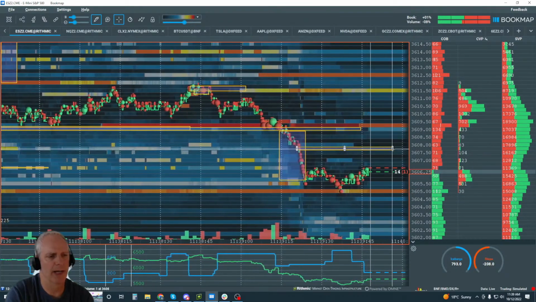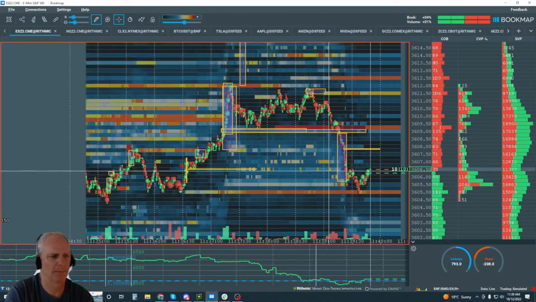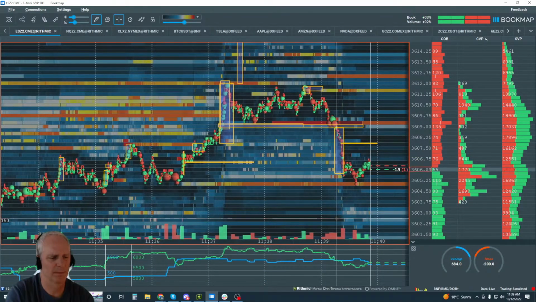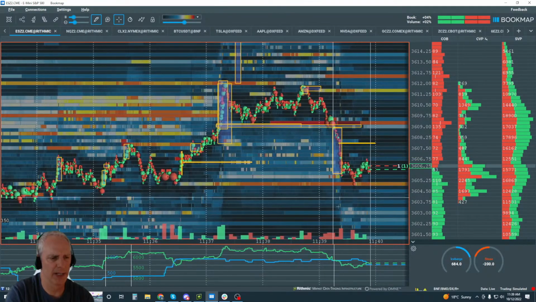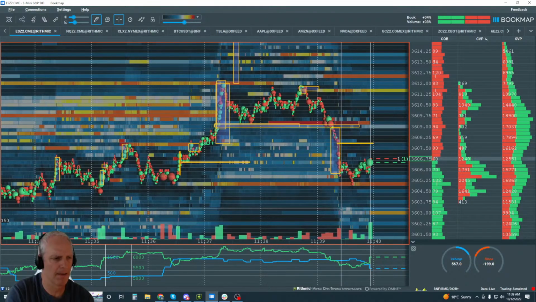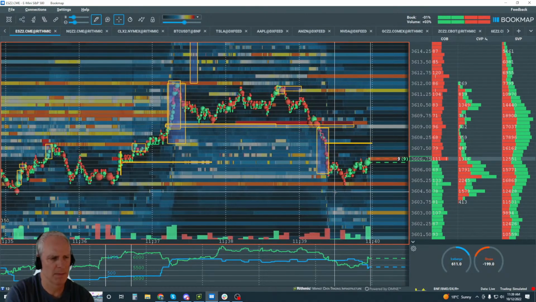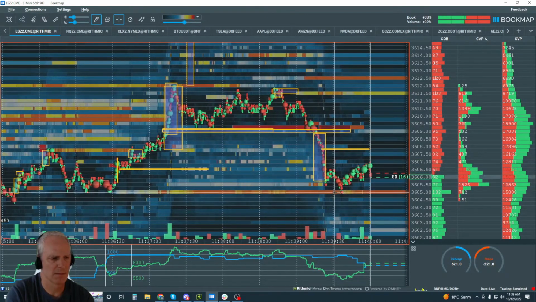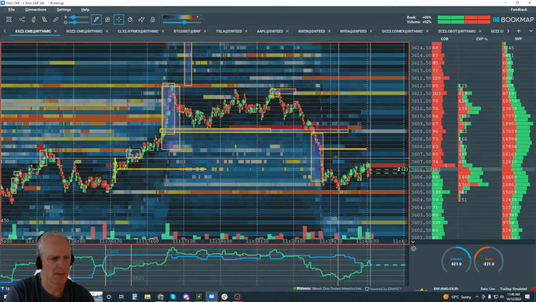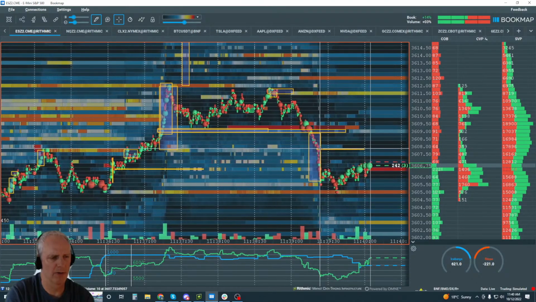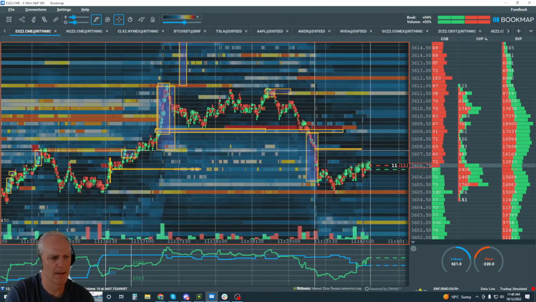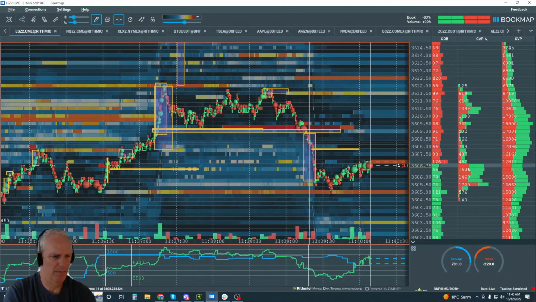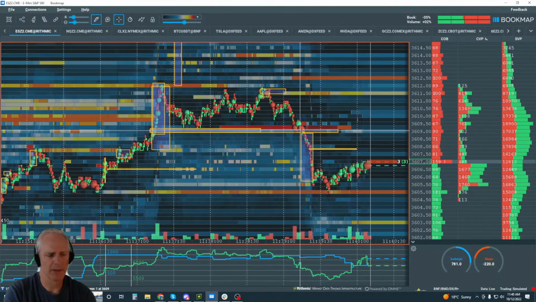Let's see if we can get a pullback here. And then leg two. Let's see if we can get a leg two on the sell side now. Okay, your pullback trade would be about here. Maybe even all the way back up to 09.